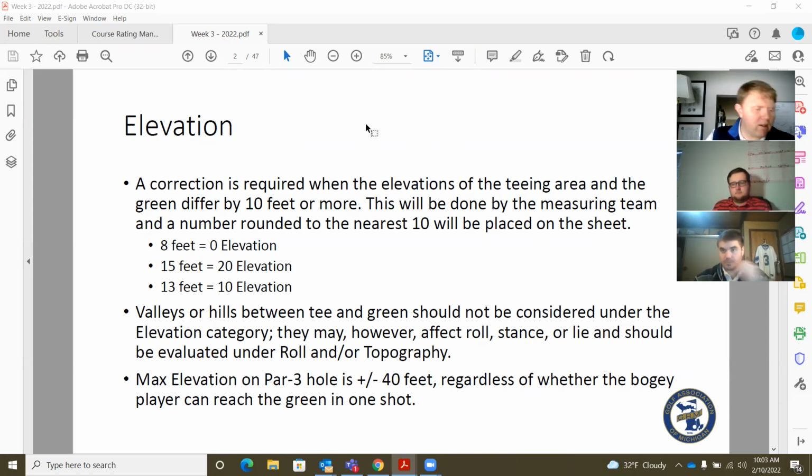This will be gathered by the measuring team. Usually it's the captain that gets this, and we use Google Earth or some other tools to get this elevation, but it'll be on your form 1.